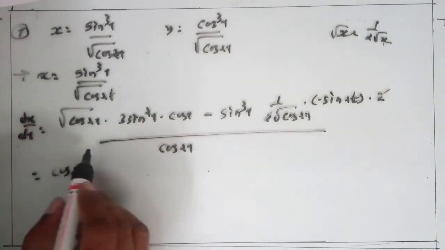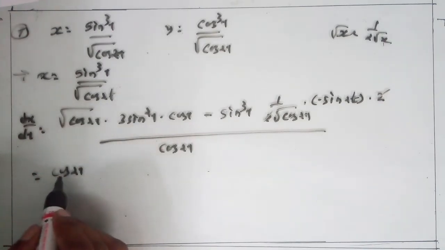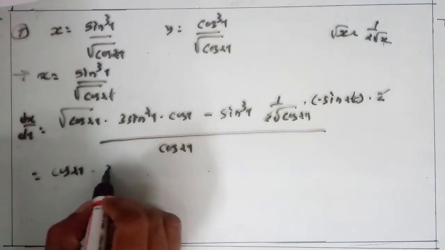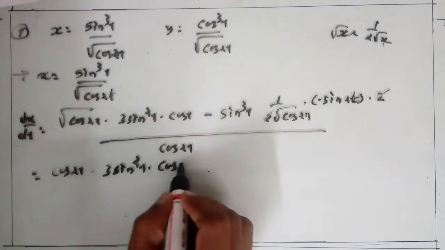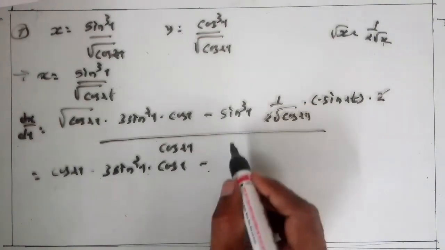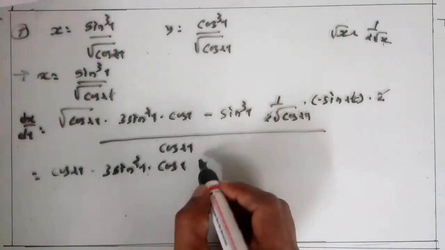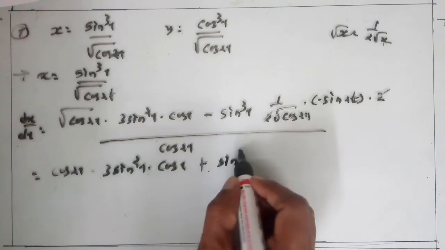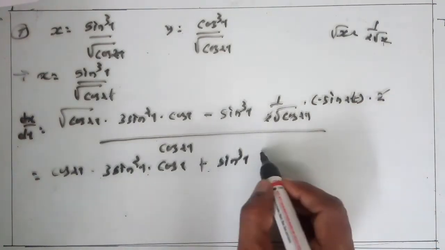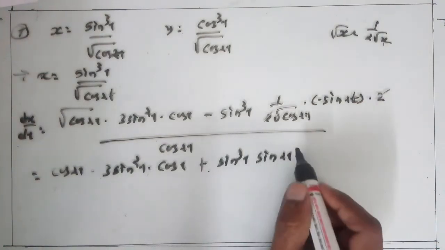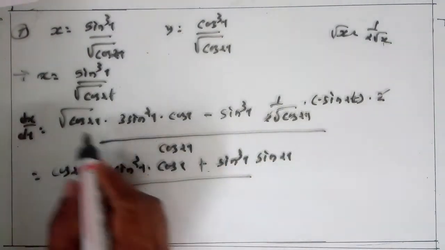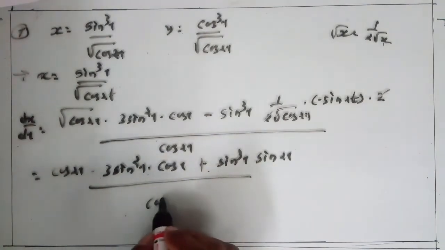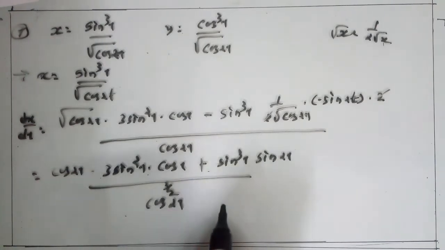The root of this squared, so the square root cancels, we get cos 2t into 3 sin square t into cos t minus, here minus minus becomes plus, sin cube t into sin 2t, upon root of cos 2t into this, which becomes cos 2t raised to 1 plus 1 by 2, that is 3 by 2. Clear this?